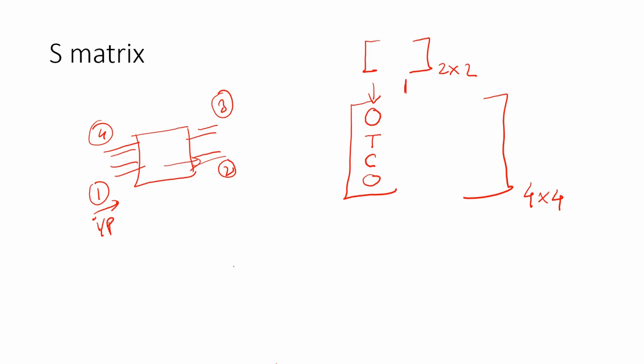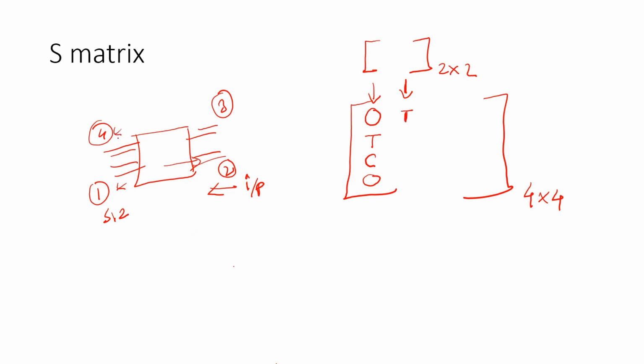Let's derive for port 2 also. Deriving for port 2 means our port 2 is the input port now. So what I am doing, let me erase it, and I say this is our input port. If port 2 is your input port, then in port 1 you are getting S12, and S12 will be your through port.